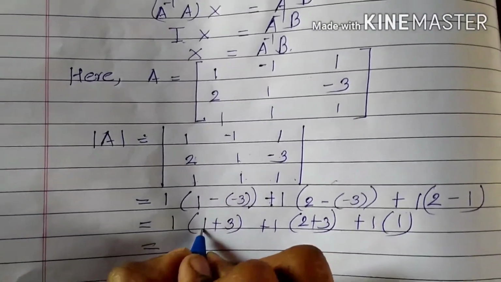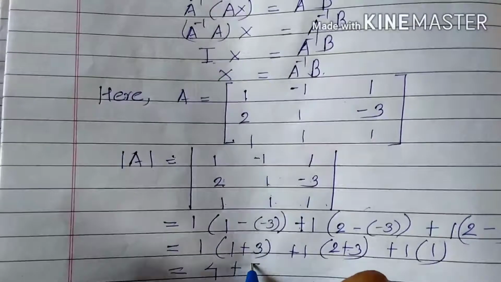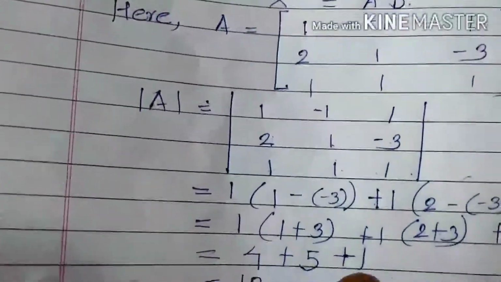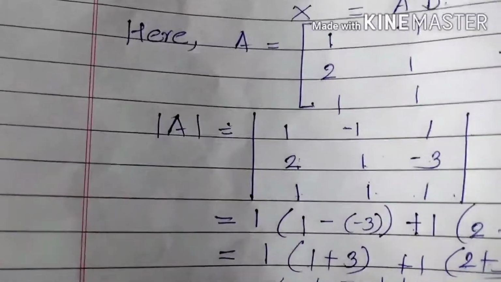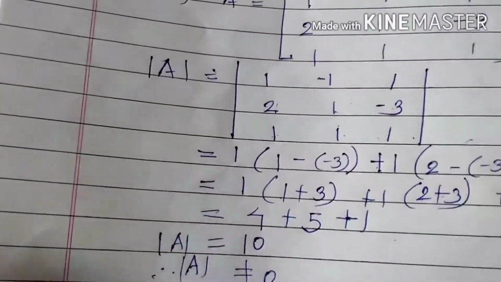So 3 plus 1 4, 4 into 1 is 4 plus 2 plus 3 is 5, 5 into 1 is 5 plus 1. So answer is 10. Therefore determinant of A is not equal to 0. That's why A inverse exists.